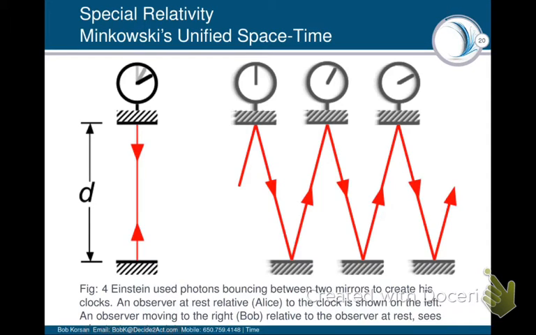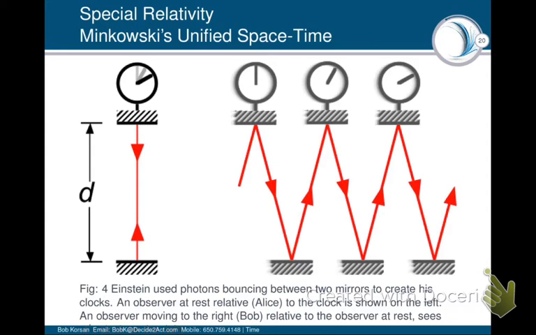However, Bob is an observer moving to the right. What does Bob moving to the right mean? It means when he sees a clock, Alice's clock, the clock moves in the direction opposite to the direction he moves.